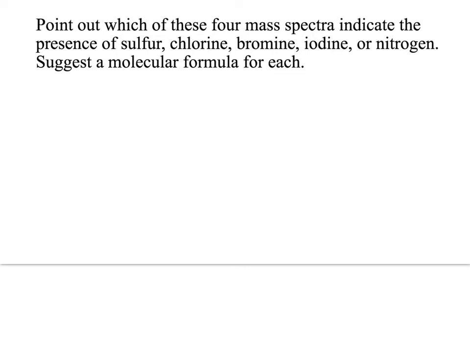Okay, so when you're looking at mass spec, you want to quickly determine if you have a sulfur, chlorine, bromine, or nitrogen. And with nitrogen, you're going to have an odd mass parent ion number. That's the M plus number.